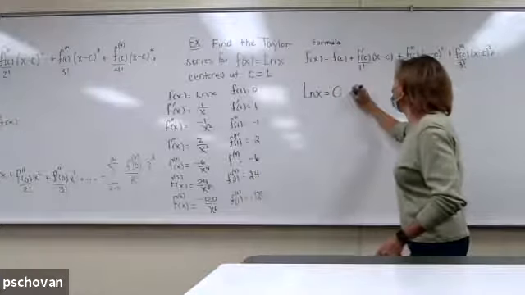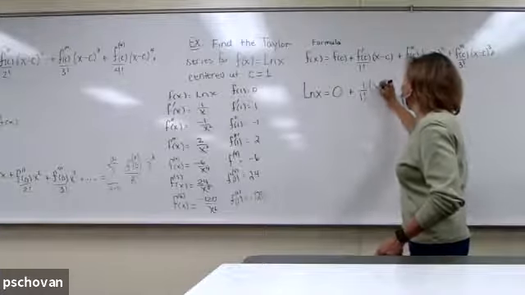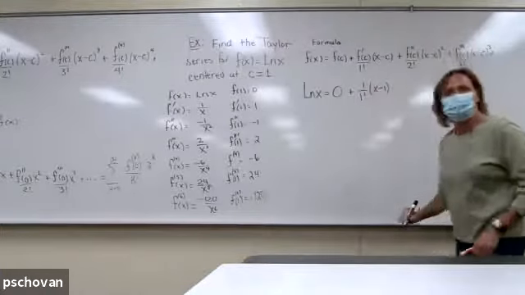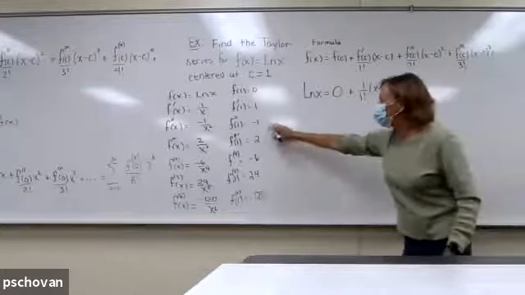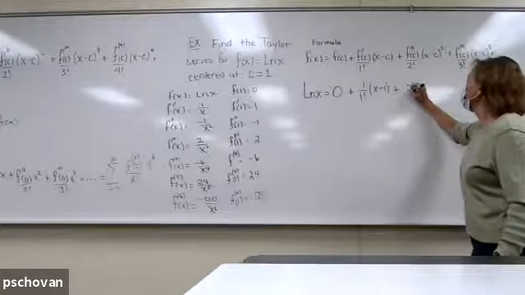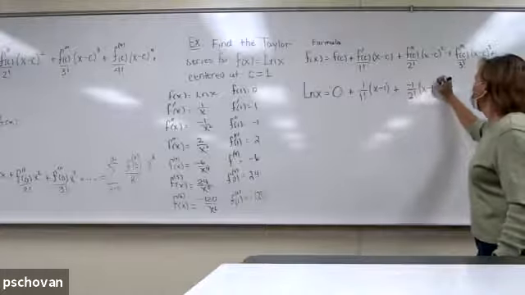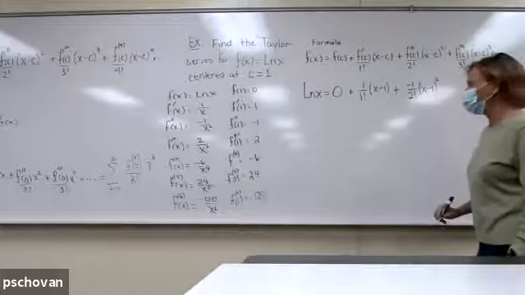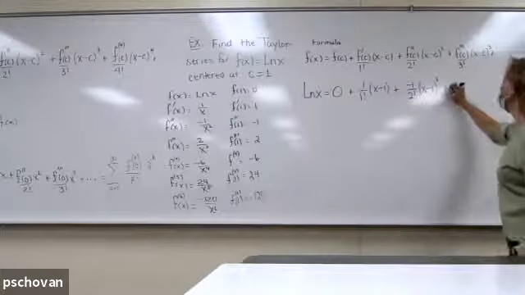F prime of c was 1. And c is 1. F double prime at c is negative 1. F triple prime at c was positive 2.